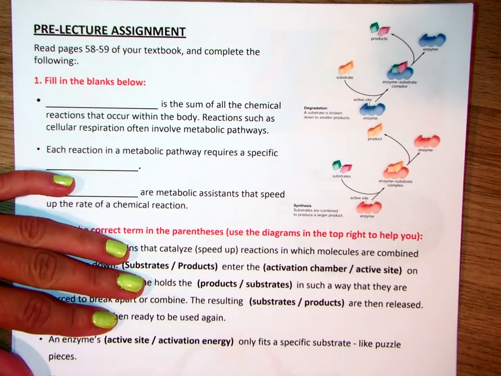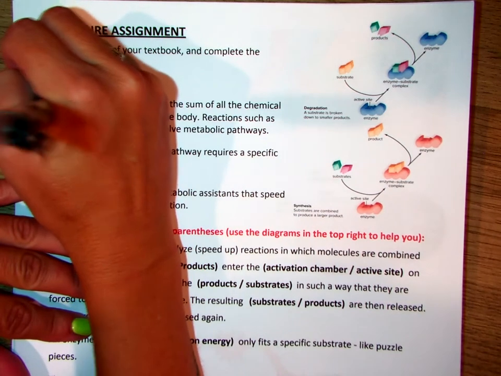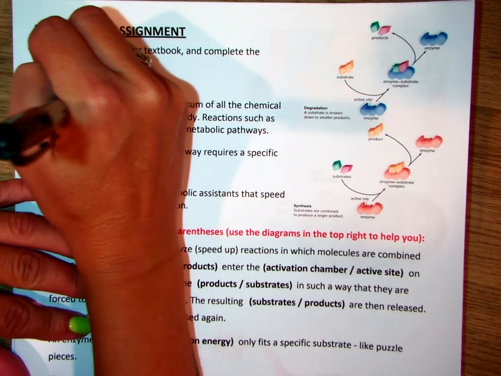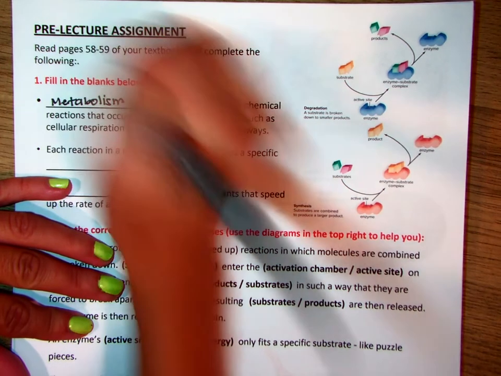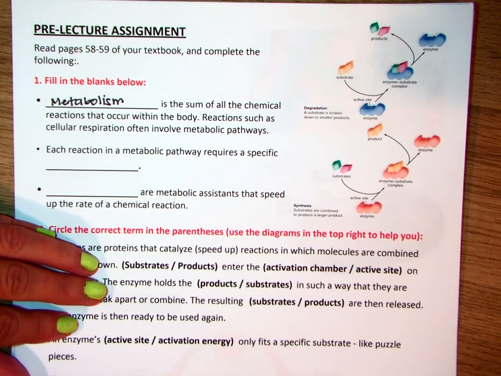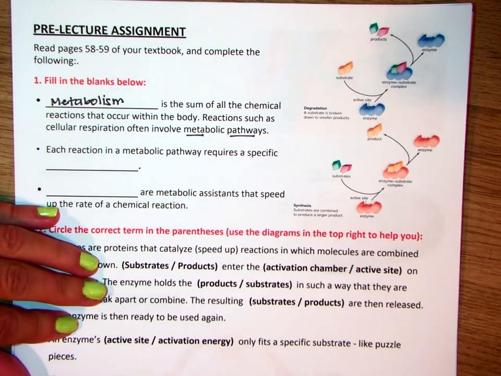Metabolism is the sum of all the chemical reactions that occur within the body. And reactions such as cellular respiration, which we're going to go over, often involve metabolic pathways.